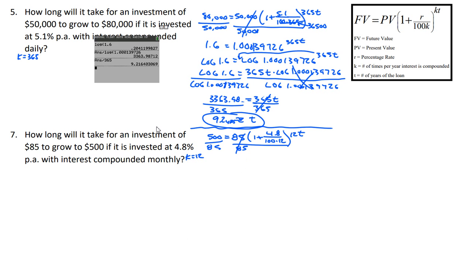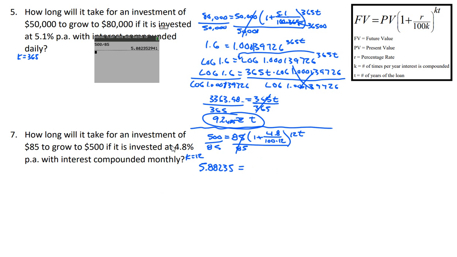Okay, so we do 500 divided by 85, and that gives us 5.88235. That should be enough to get us a pretty accurate answer. This means we want to turn this 85 into almost 6 times the amount of what we started with to get up to 500. That's what that number there means.